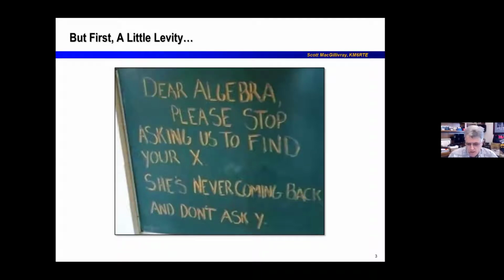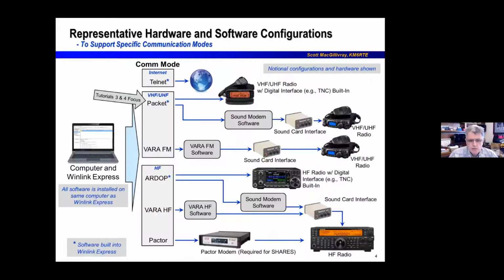Okay, so this is a familiar figure I've shown in previous tutorials, and I'm using it as a review. We've looked at Telnet and connecting through the internet, and last week we moved on to using VHF, UHF, and finally packet capability.